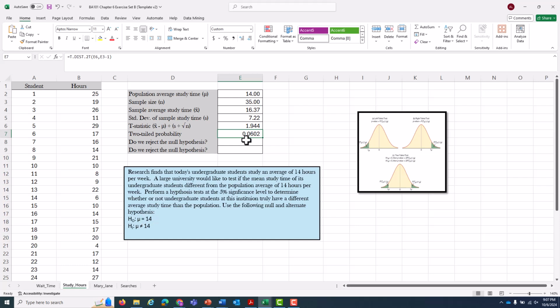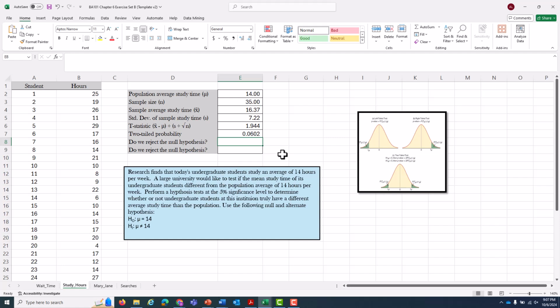So do we reject this null hypothesis? Well, it depends on what level of error we're allowing ourselves. We're allowing ourselves a 5% chance of making a type 1 error. Our information said that we had a 6.02% chance of making a type 1 error. So our P is not less than the allowable percentage that we had. P is not less than alpha.